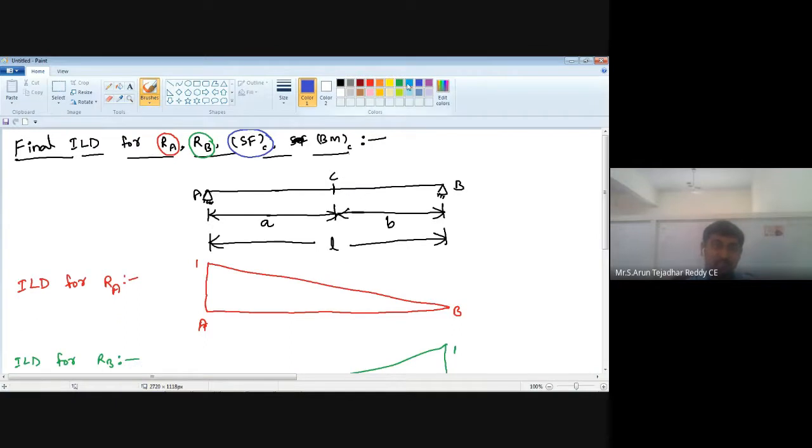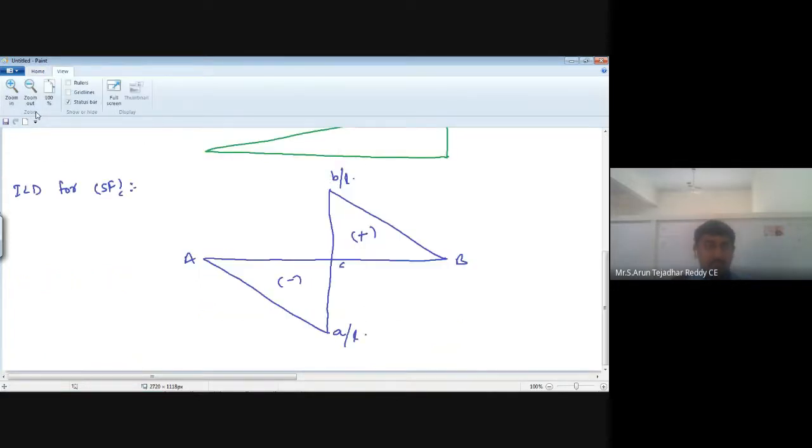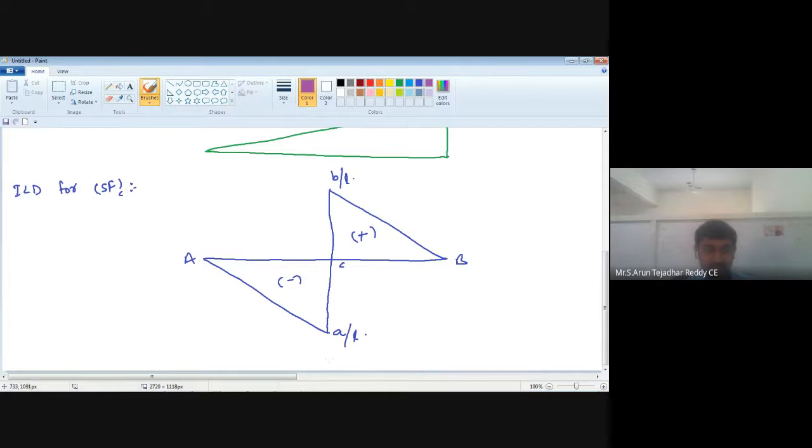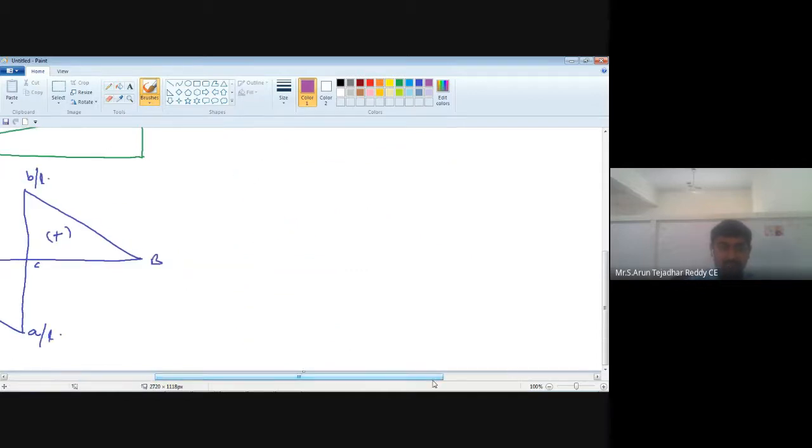Next, ILD for bending moment at C. See, just now we calculated ILD for bending moment at C. So draw the same diagram here.